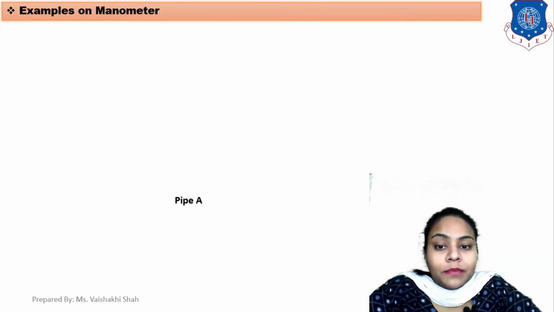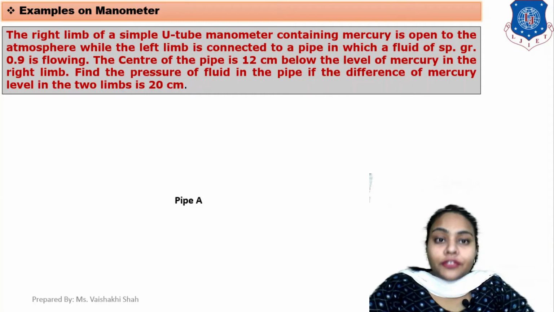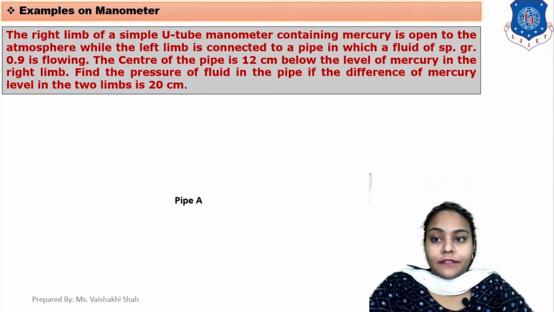Our first example: the right limb of a simple U-tube manometer containing mercury is open to the atmosphere, while the left limb is connected to a pipe in which a fluid of specific gravity 0.9 is flowing.